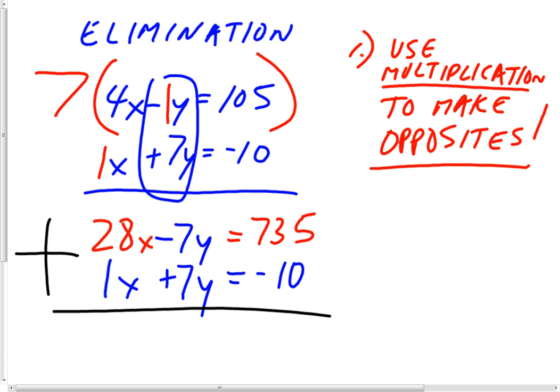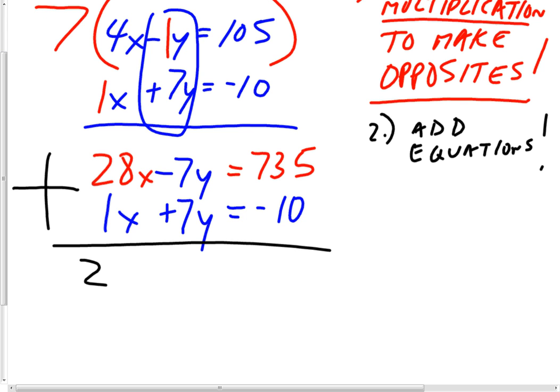Put a big plus over here. Add the equations. What happened? That was the whole point.